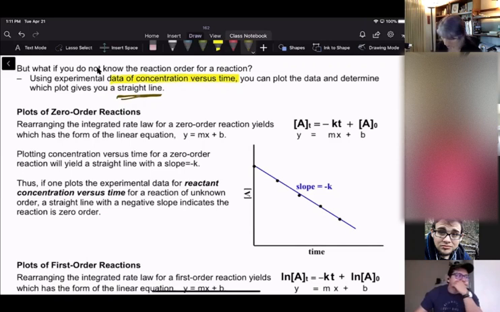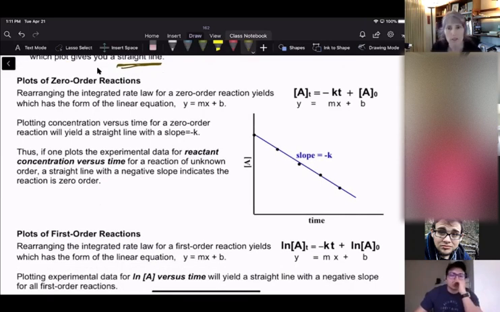In this case, we're looking at the zero order, and we've rearranged the integrated rate law to look like the equation of a line. Some of the lines on here are below the line, like that one's below the line, and that one's kind of on top of the line, but it's a really good fit. They're right on there. So in general, we want to make sure that we have a good fit to a line, in that some of the points are above it and some are below, and that they're equally distributed.